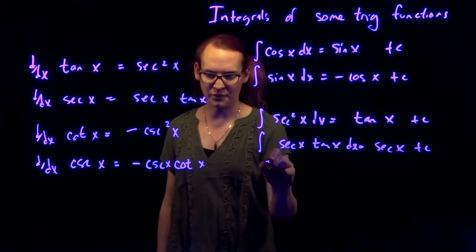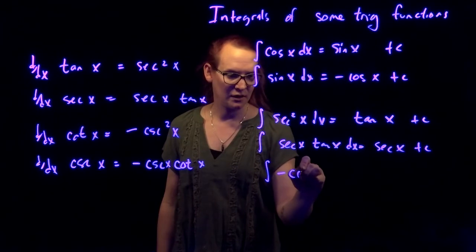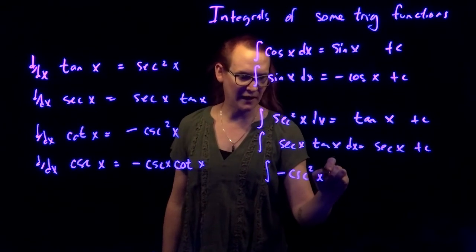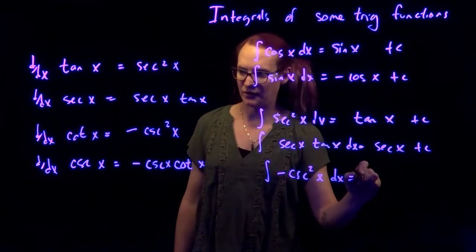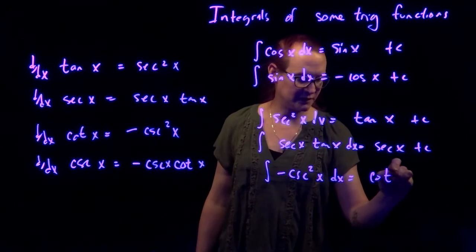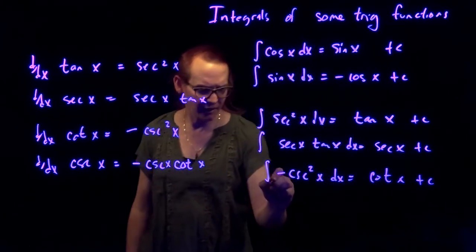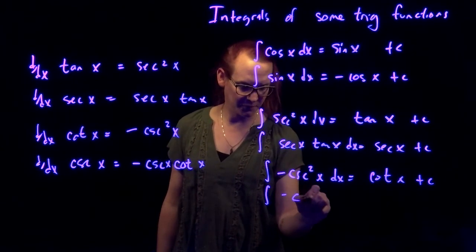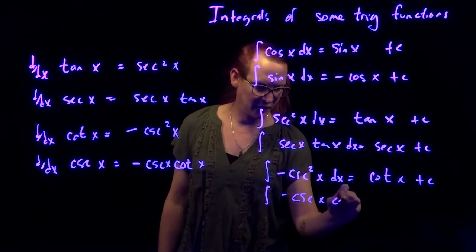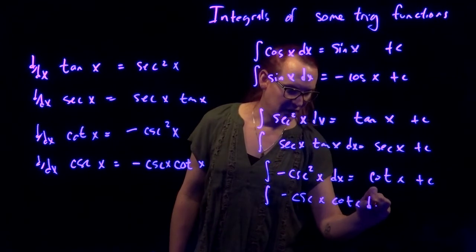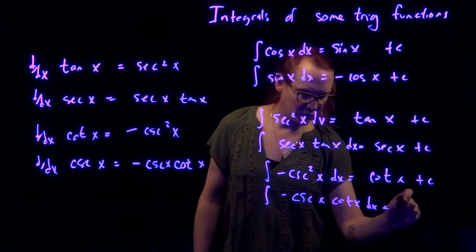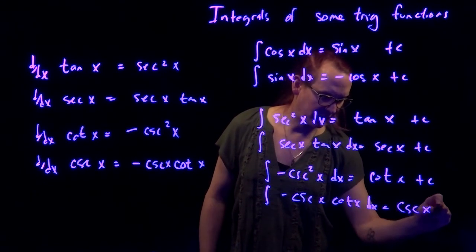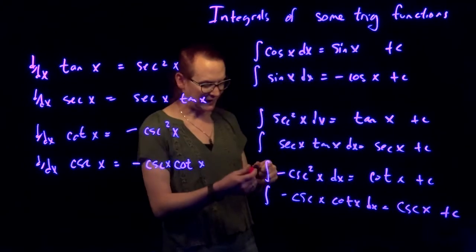And then the other two: the integral of minus cosecant squared of x dx is equal to cotangent of x plus our friend c. And finally, minus cosecant of x cotangent of x dx is equal to cosecant of x plus c.